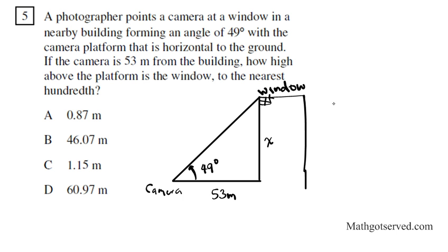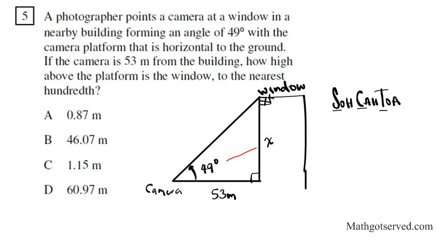This is right triangle trig because we have our angle and 2 sides in a right triangle right here. So we're going to be using SOHCAHTOA. The question is, what trig function are we using? Is it going to be sine, cosine, or tangent? By labeling what we have and what we need, we can figure that out.